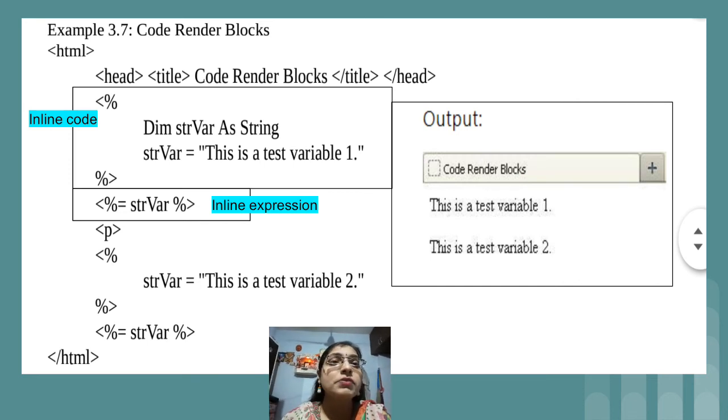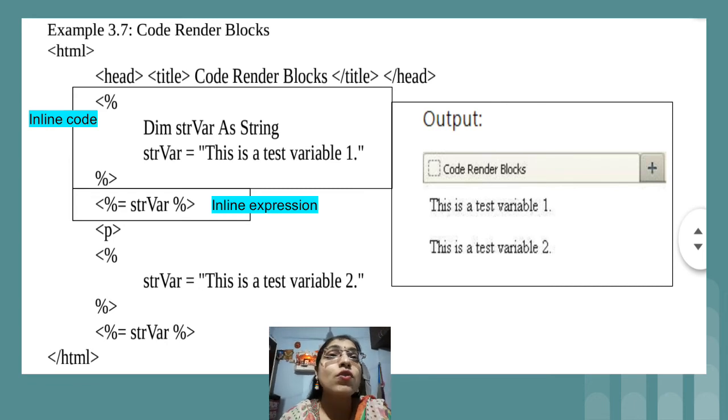In Visual Basic we declare the variables in such a manner, that is using the Dim keyword we declare the variable, and after that we write the different types, that is As Integer, As String, As Double. After the As keyword we specify the data type. And then the way of initialization of the variable is very simple. With the help of the assignment operator only, we initialize the value of the variable.